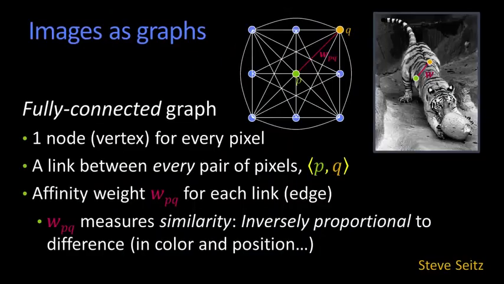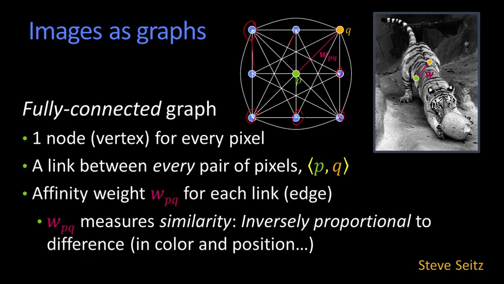After all, if you're doing a segmentation, the idea is that you're going to be drawing a boundary. You're going to say, nope, you go to the left, you go to the right. So I want to talk about the connection between pixels. To do that, we have to think about pictures not just as a collection of pixels, but actually as a graph. And what I mean by a graph is shown here. In the graph, we have a node for every pixel. And between every pair of pixels is a link.